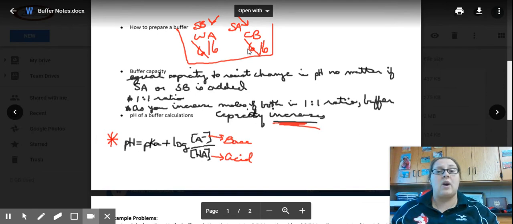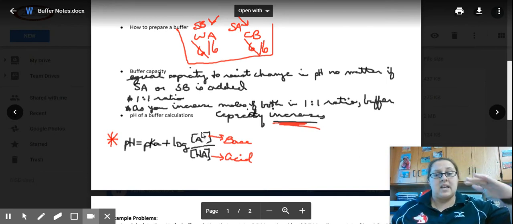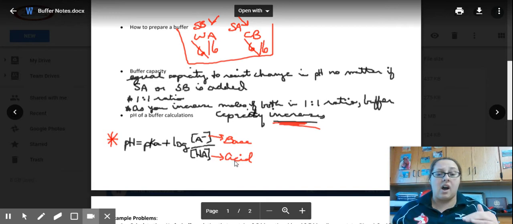Whether it's a conjugate base or a weak base, your base always goes on top. The acid part, whether it's a weak acid or a conjugate acid, will always be your denominator on the bottom.